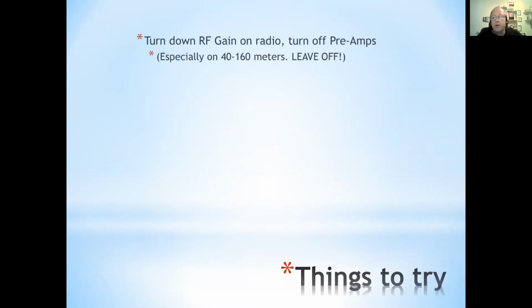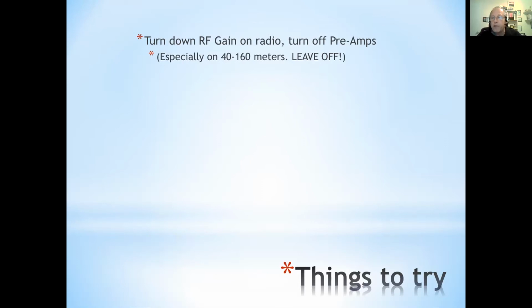So, things that you can do to try to make your radio work better. And some of this is counterintuitive, but really think about this. Number one is, instead of using the volume control on your radio, use the RF gain control. One thing to think about is when the RF gain is turned all the way up, what is the RF amplifier in the front end doing, right?